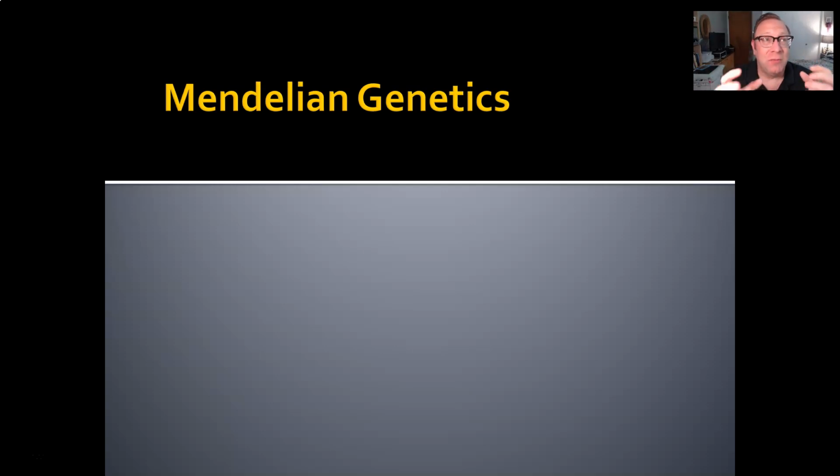Interestingly enough, it wasn't really discovered by most geneticists until the late 19th century, and it is possibly, as we'll find out in another video, some of the strongest evidence to support natural selection as a mechanism of evolution. So without further ado, let's get started here.